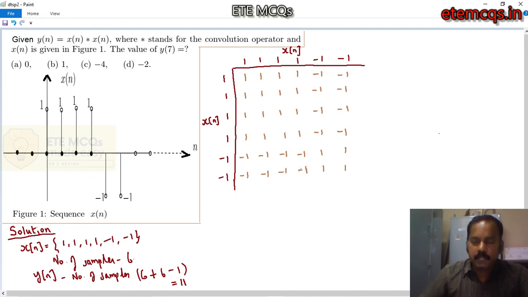Now based on the tabulation method, we are supposed to section this so that we get 11 samples as output, as your output y of n.